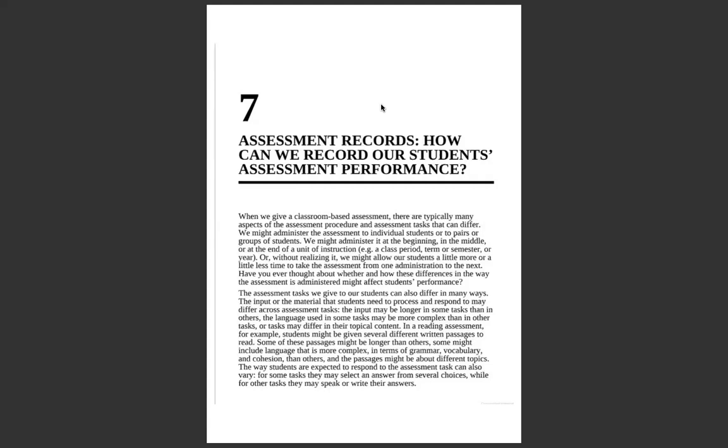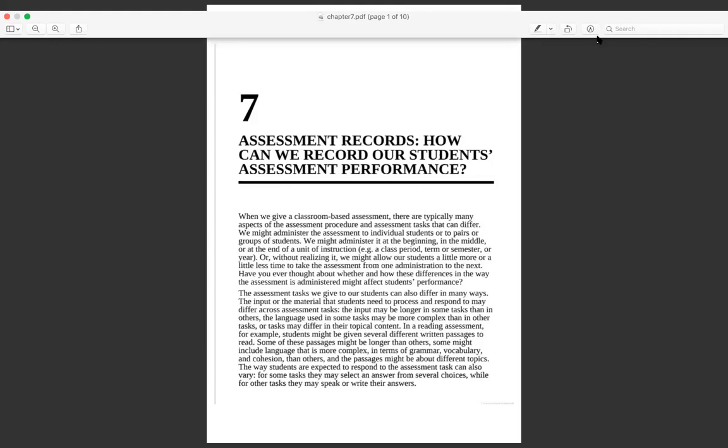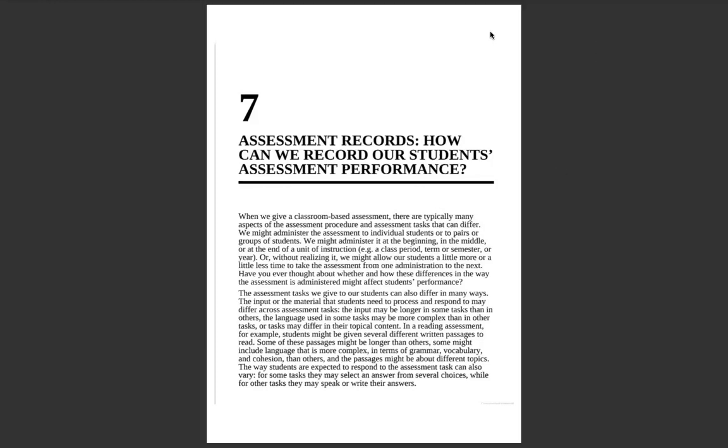If you administer this at the beginning of the course, at the beginning of the unit of instruction, it has a certain impact. If you do it in the middle, or at the end of a unit of instruction, as we can see in the fifth line, or in the middle of the term, the semester, or the year, all these different scenarios will affect students' performance.